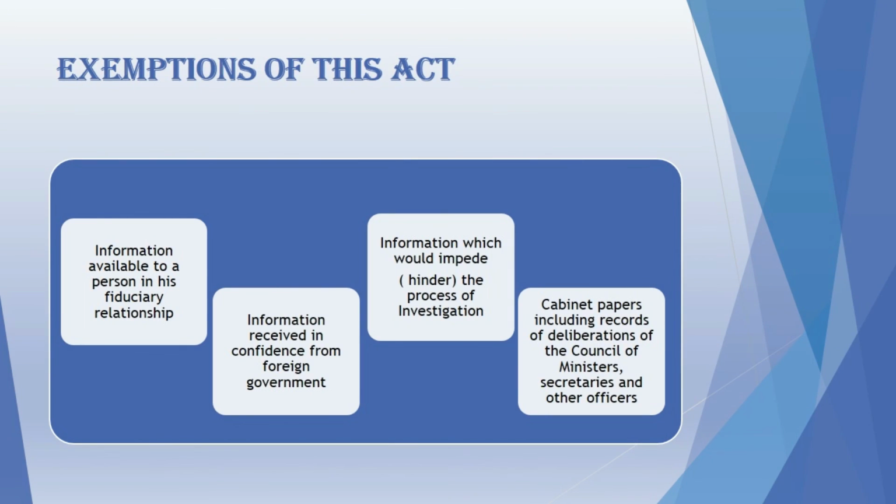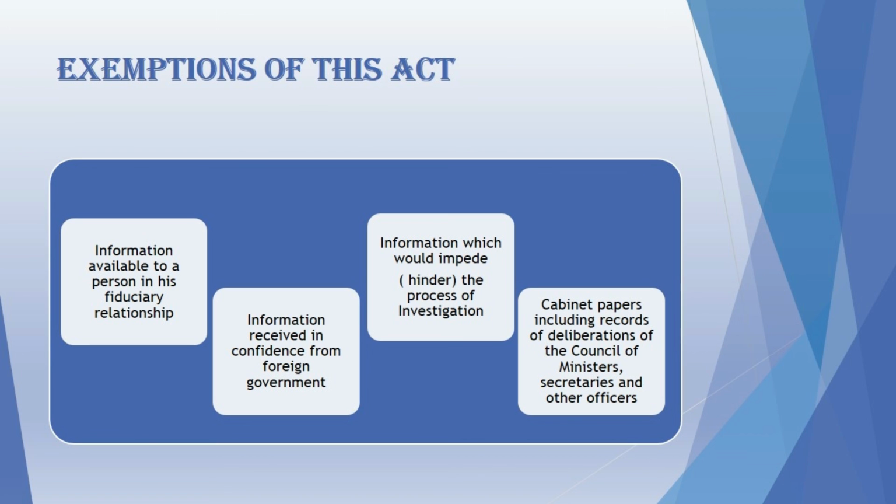Now moving on to the final part of this lesson, the exemptions of the act, that means the restrictions. Number one, information available to a person in his fiduciary relationship. Fiduciary relationship means a person who holds a legal or ethical relationship. So not every piece of information is to be passed. Only the information which is required by the citizen will be passed. Number two, information received in confidence from a foreign government will be restricted.